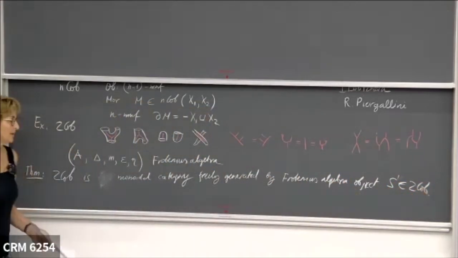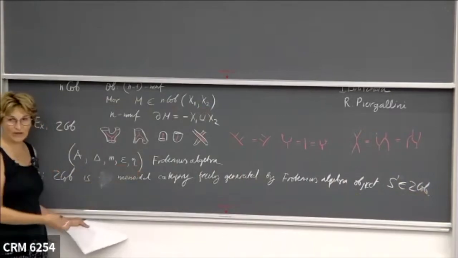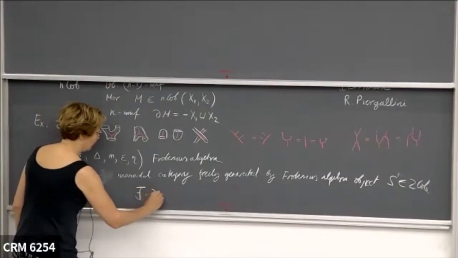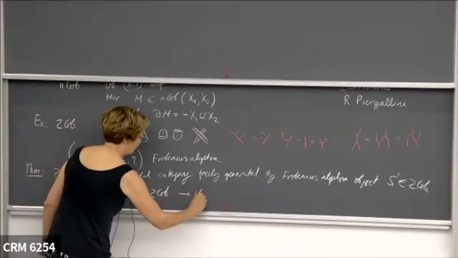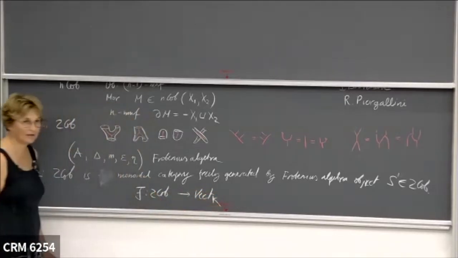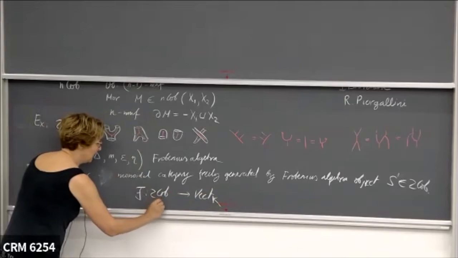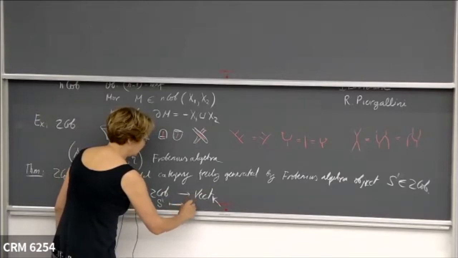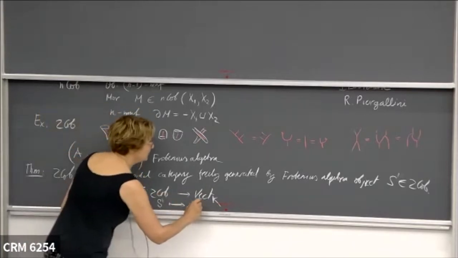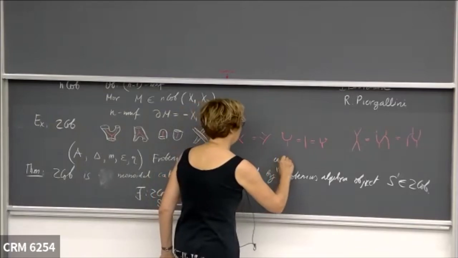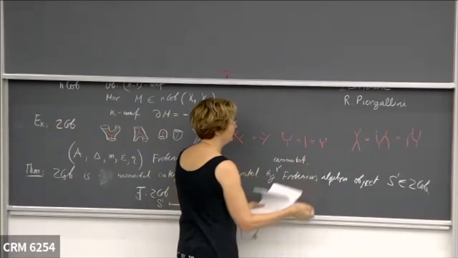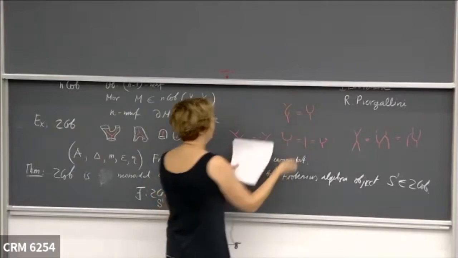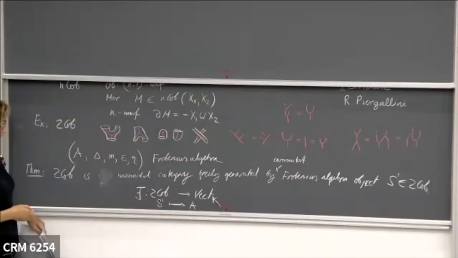So, needless to say, this complete understanding of the category provides a classification of TQFTs, in the way that basically every functor from the cobordism category to some linear category is completely determined by the image of S1, and this image needs to be a commutative Frobenius algebra.